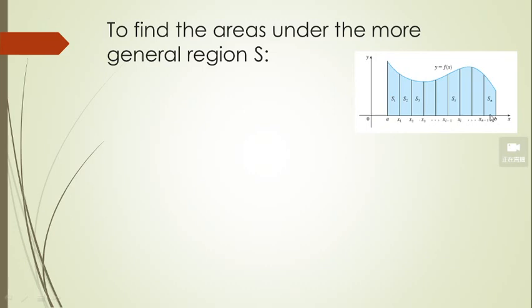What is the width for each strip? That is what we did to find the area under the more general region S: we divide the region S into n strips of equal widths.